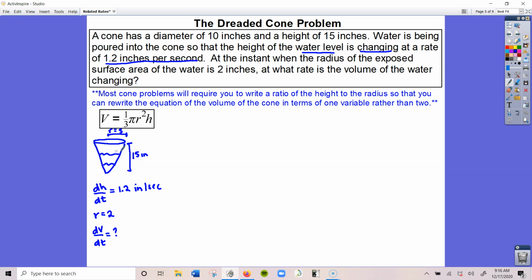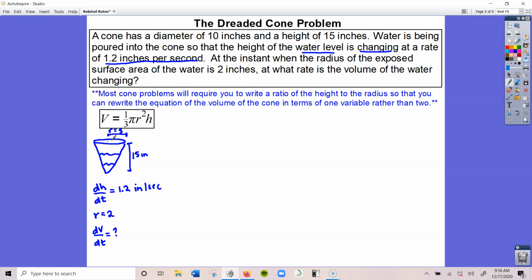Now, whenever we have a cone problem, most cone problems will require you to write a ratio of the height to the radius so that you can rewrite the equation of the volume of the cone in terms of one variable rather than two. Because I'm given dH/dt, I'm going to write a ratio that relates the radius with the height so that I can replace the radius with an expression in terms of h.